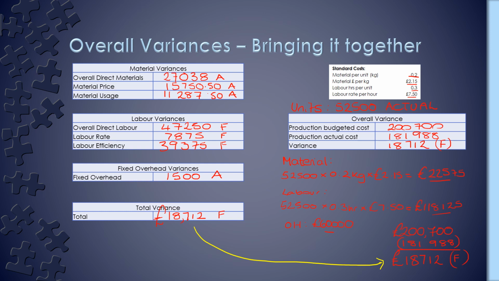So hopefully you can see then how if you can work out what your overall variance is for your actual production based on your standard costs, you can then break it down into your material variances, your labour variances, your overhead variances, and then add that all together and you'll come back to your overall variance.